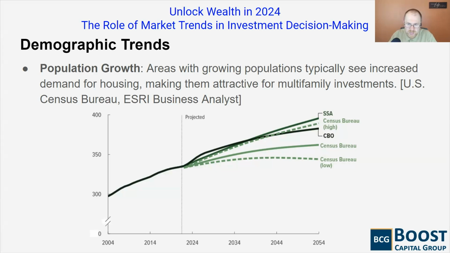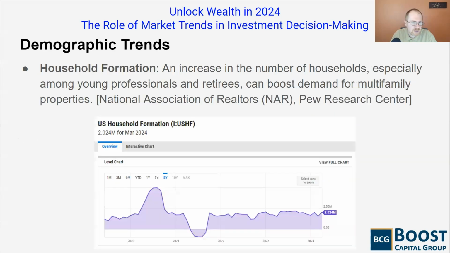And that part, in conjunction with local market population growth, is something you want to keep an eye on, and invest in the markets that have the most population growth. Also, you can find this at the Census Bureau and also Esri Business Analyst, doing all kinds of analysis as well as providing real estate data.